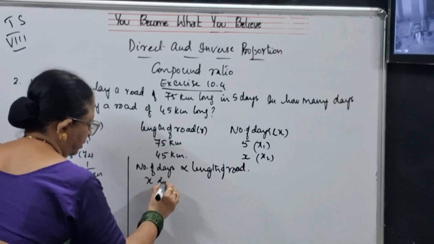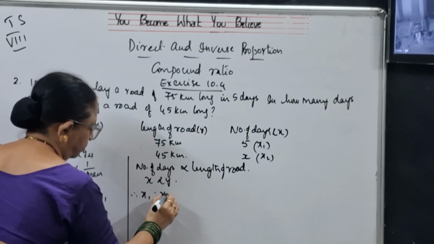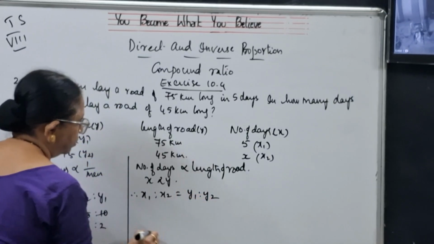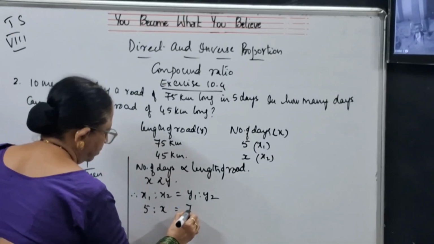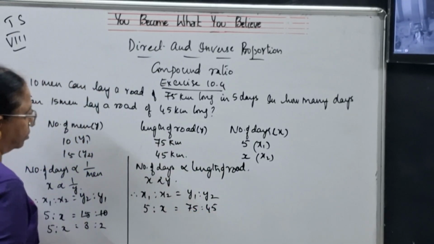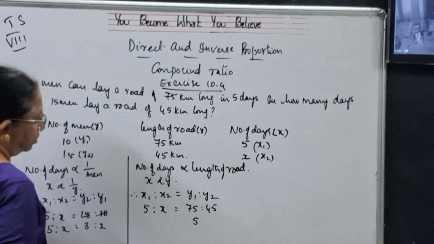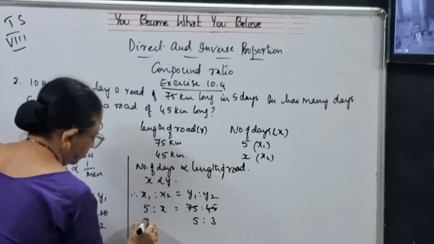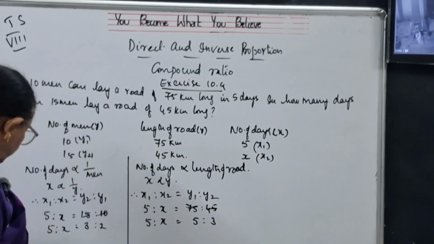So x is directly proportional to y. Therefore, x1 is to x2 is equal to y1 is to y2. So 5 is to x is equal to 75 is to 45. So 15 5s are 75, 15 threes are 45. So 5 is to x is equal to 5 is to 3.